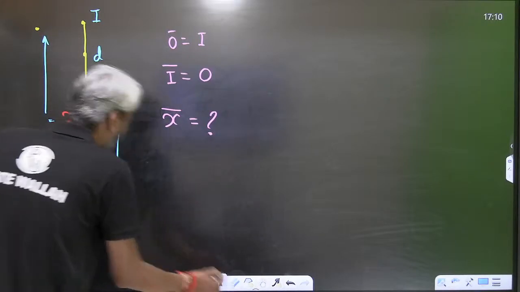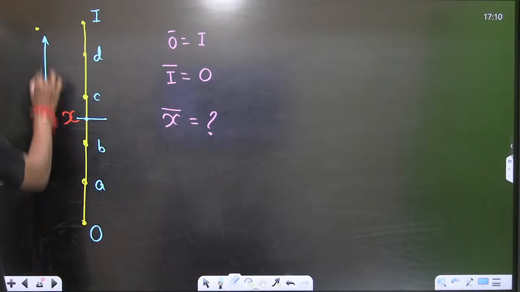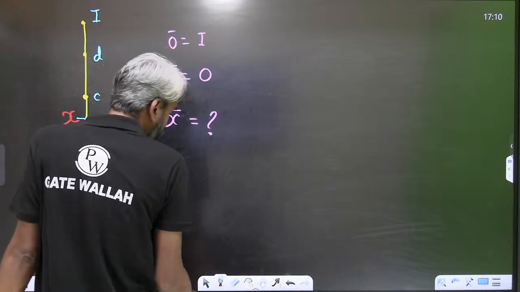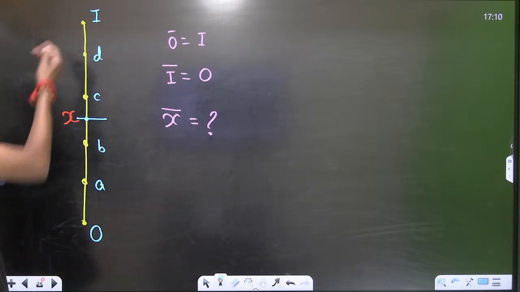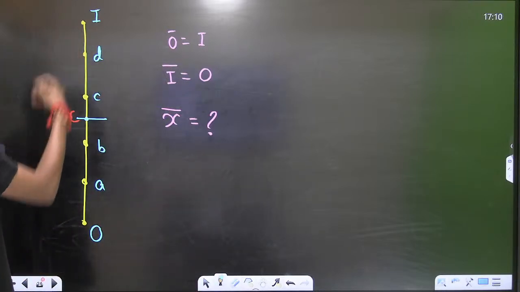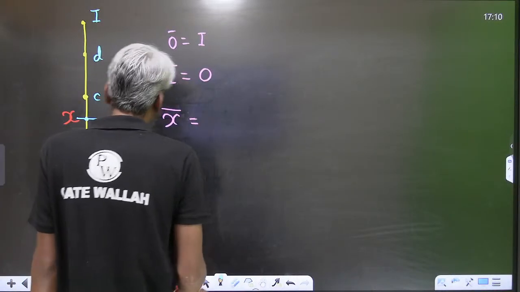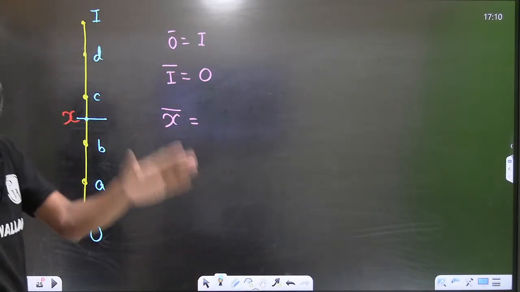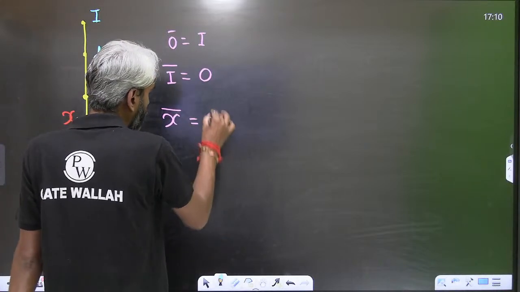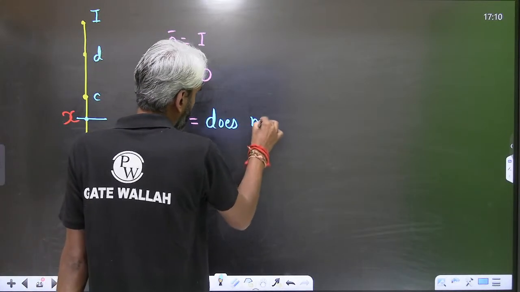So that's the idea, that on a line, the complement of universal lower bound will be equal to universal upper bound, universal upper bound will be equal to universal lower bound, and complement of any other element cannot exist on the same line. Does not exist.